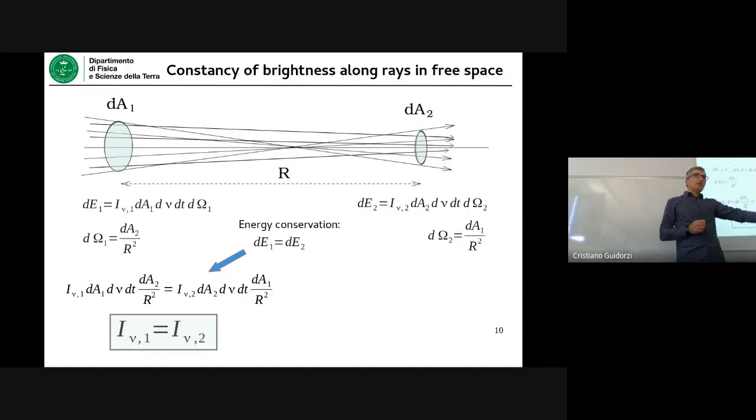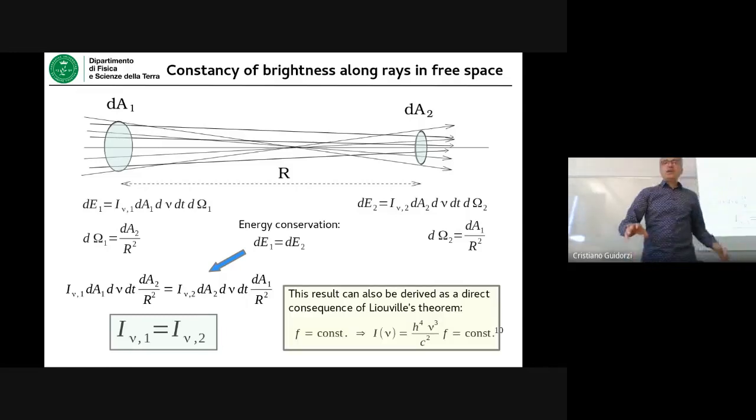If we put some matter in between, things may change, because matter can affect radiation, which is exactly the general topic of radiative transfer. But in order to understand how intensity is affected by matter, you have to first understand the behavior of intensity in the absence of matter, so that you can study and understand what happens when you put matter along the path.